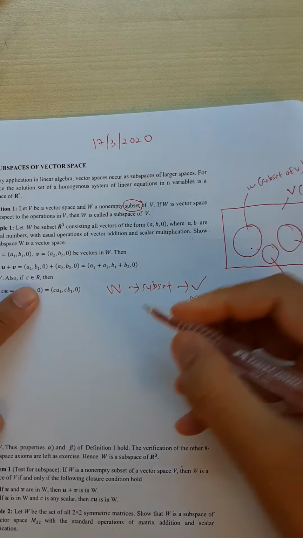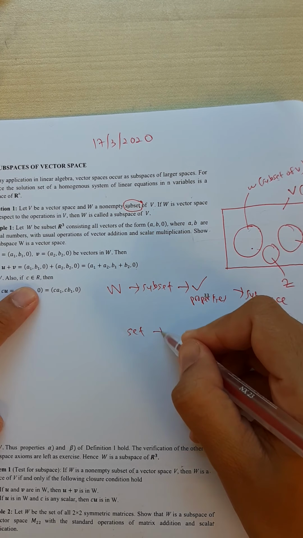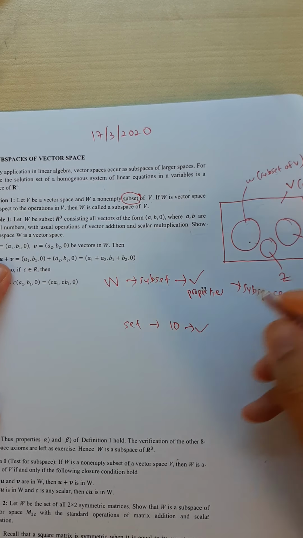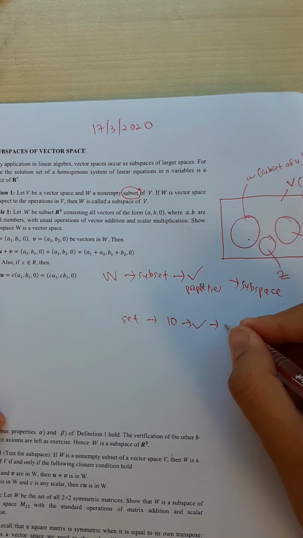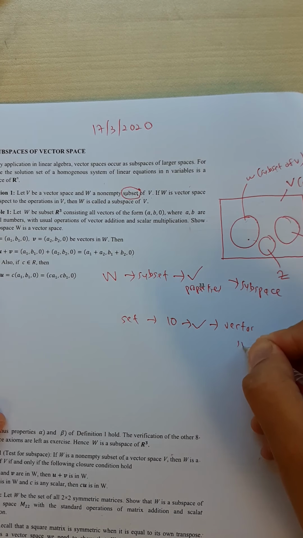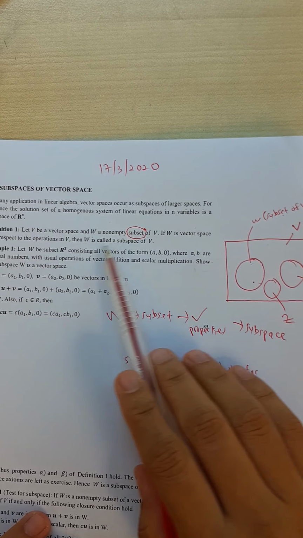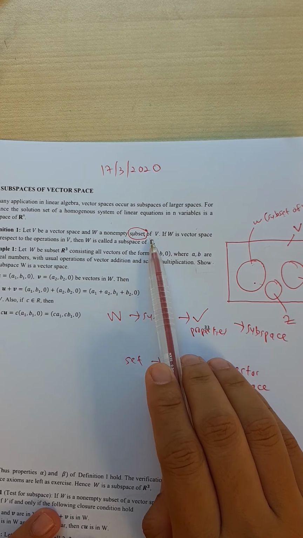Same like before, you start with the word set. You check all the 10 properties. If all the 10 properties are satisfied, then only you call that a vector space. Okay, so now W is known as a non-empty subset of V.